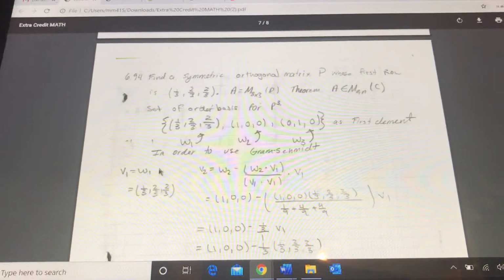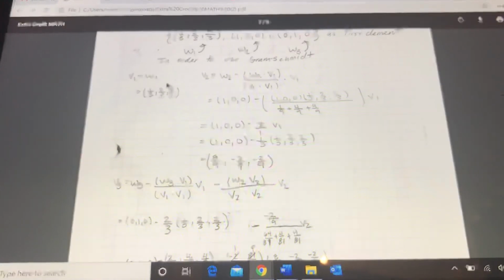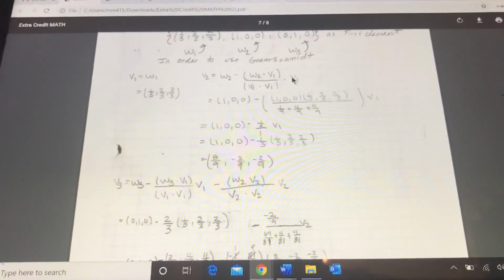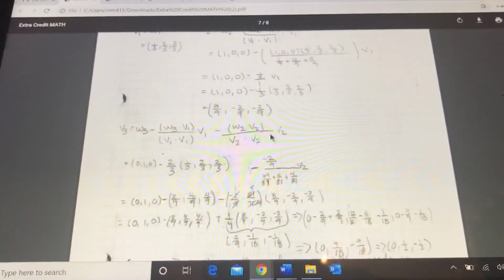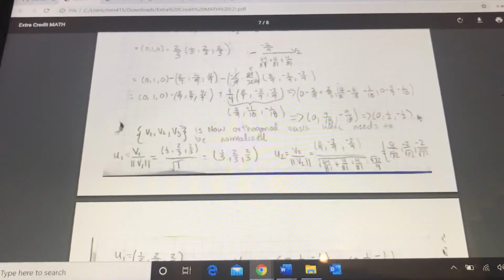And then V1 equals W1, following basically Gram-Schmidt's equation again, application of it. V2 right here, follow it out, same deal as before. Here's V3, follow it out, we end up getting this right here through all that math.